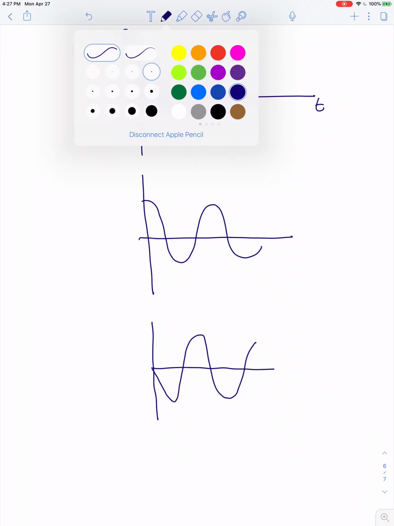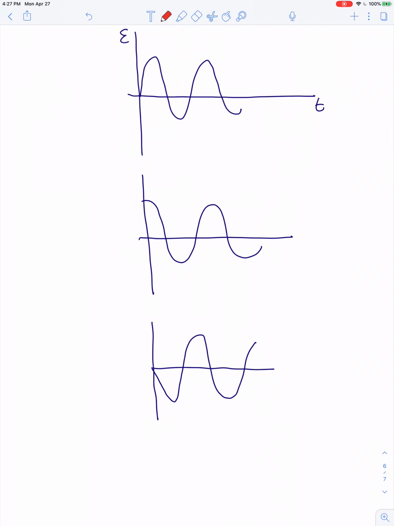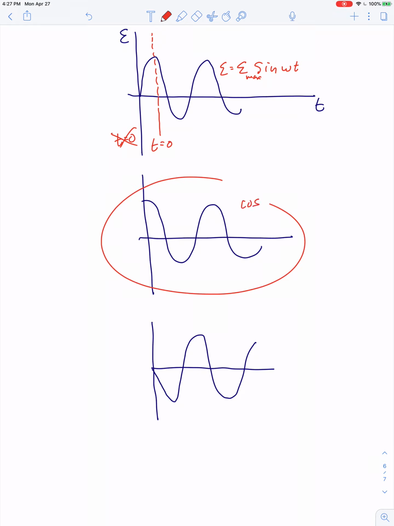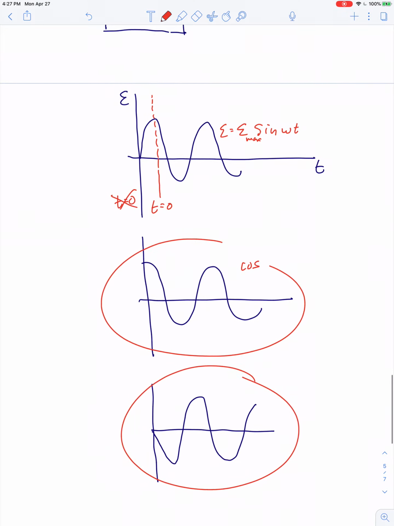Like we've said earlier, what if you were to adjust your origin in time? If I take a graph that says EMF is EMF maximum times sine omega t, and I shift my time axis here, so I no longer say t equals 0 at this point, I say t equals 0 here, then my graph of sine just became a graph of cosine, and so on and so forth. So that doesn't really matter so much.